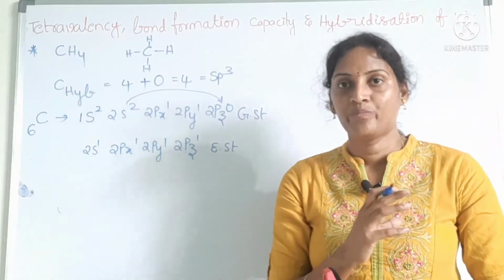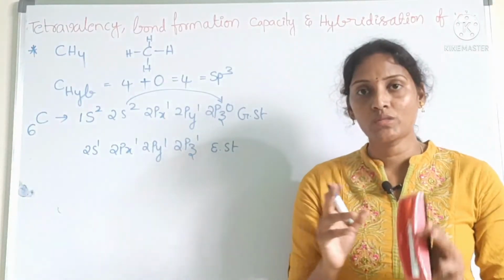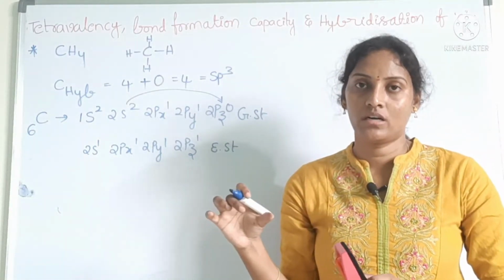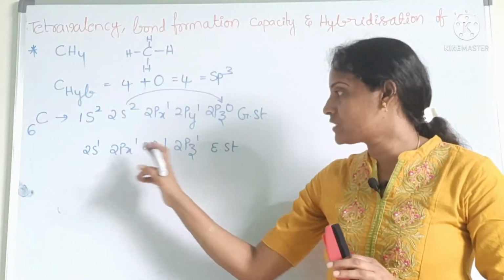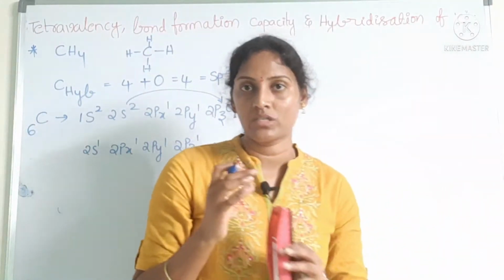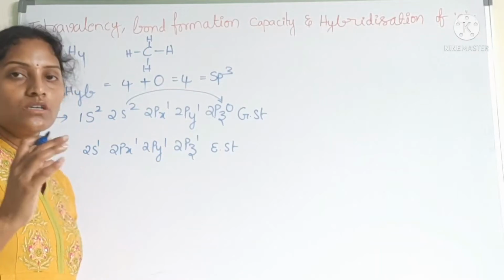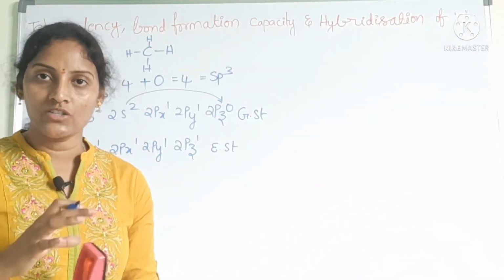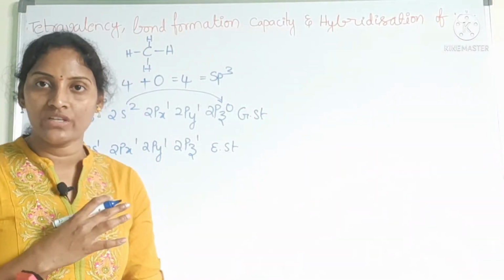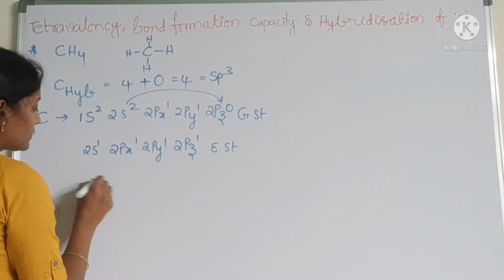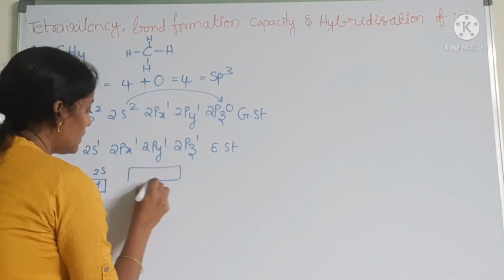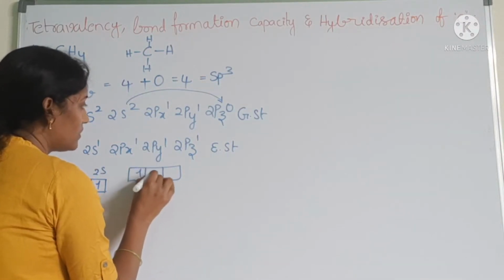formation of bonds. But here all those electrons are not present in the equal energy level. Those are present in different orbitals. Those different orbitals possess different energy. So to equalize their energy, these orbitals are going to be redistributed with each other. So see here, this is the 2s orbital, this is the 2p orbital.